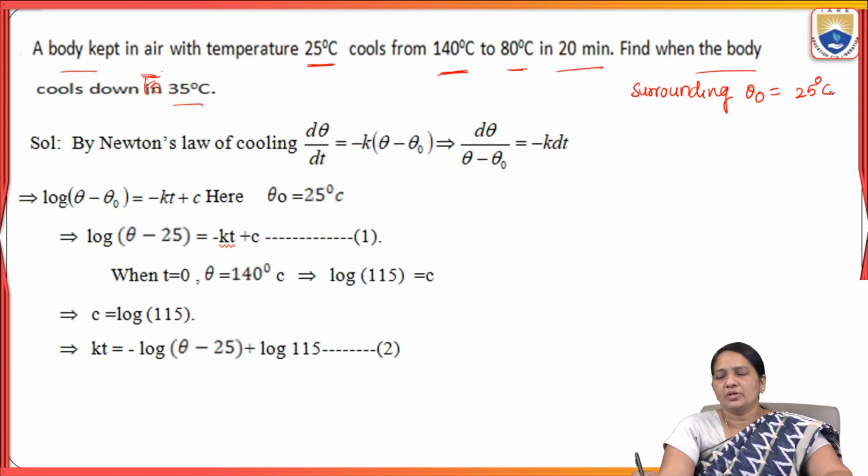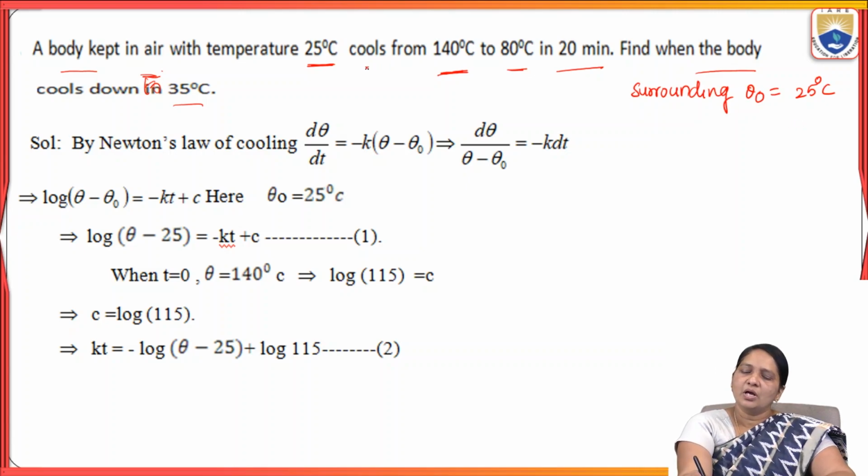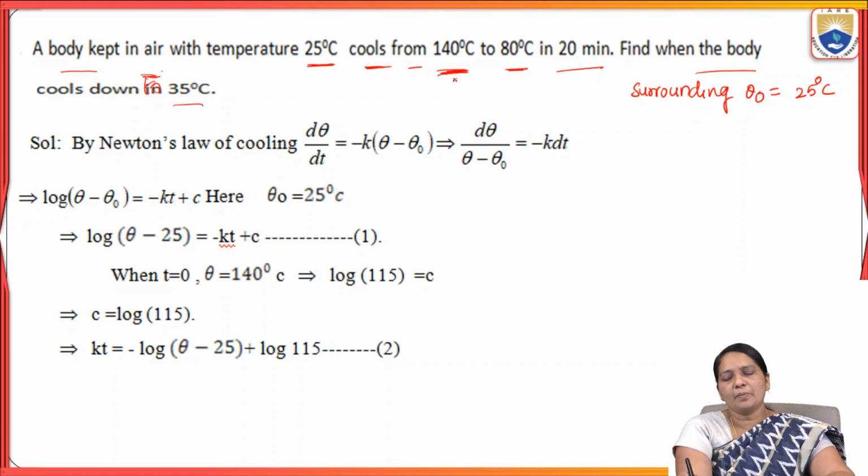Observe here, the surrounding temperature I am collecting from the given data, that is theta naught equal to 25 degrees C. Here it cools from 140 degrees C to 80 degrees C. It is cooling from 140 to 80, so the initial temperature, the starting temperature, is 140 degrees C. That means the temperature is 140 degrees initially, when time is 0.